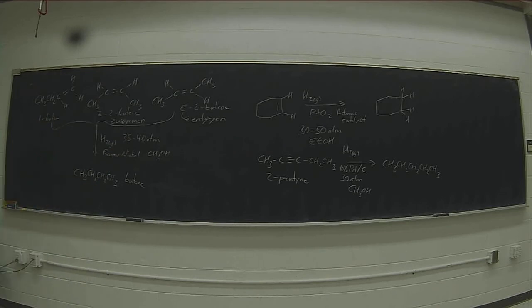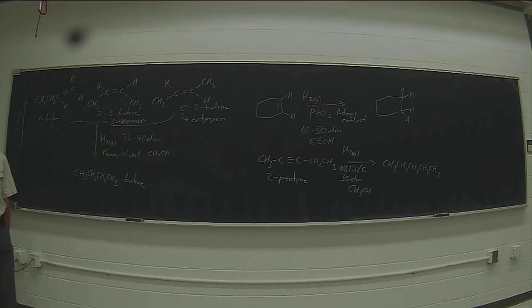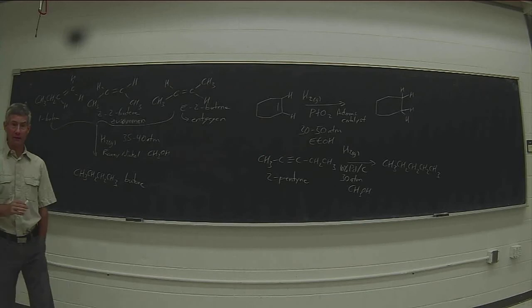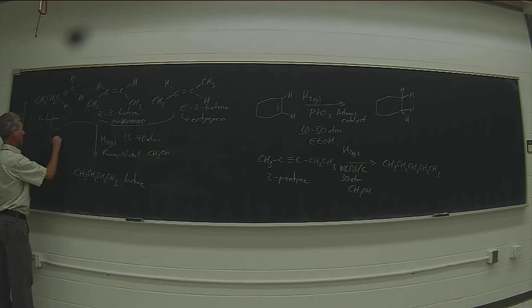And the amount of energy that's liberated in the process of doing this, in all cases, we're forming sigma bonds, which are more energetic than the pi bond that we're breaking. So these are all exothermic heats of hydrogenation, but the heat of hydrogenation is quite different. For 1-butene, the heat of hydrogenation is minus 30.3 kilocalories per mole.